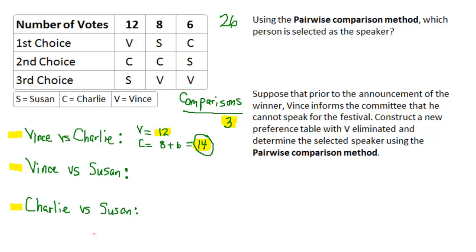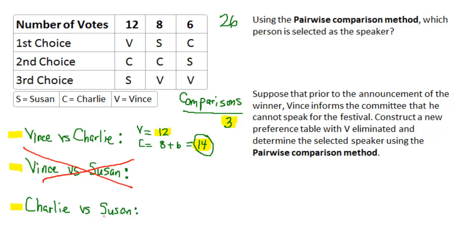Now, because Charlie won, it doesn't really even make sense to do this Vince versus Susan comparison, because if Vince happens to win this time, then we're not going to have a clear winner. So if Charlie beats Susan, then we certainly have a winner in Charlie, because Charlie would have beat Vince and Susan. So I might as well just skip this second one and go down to this third one.